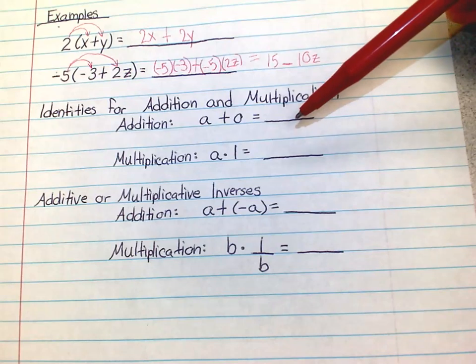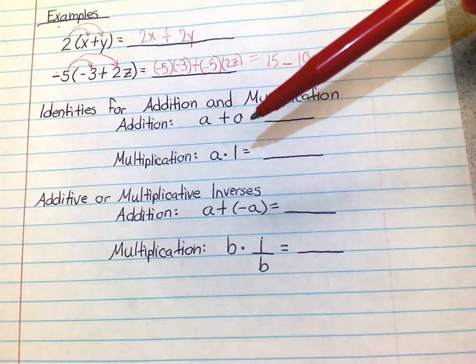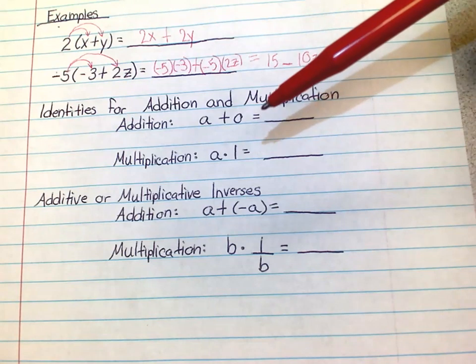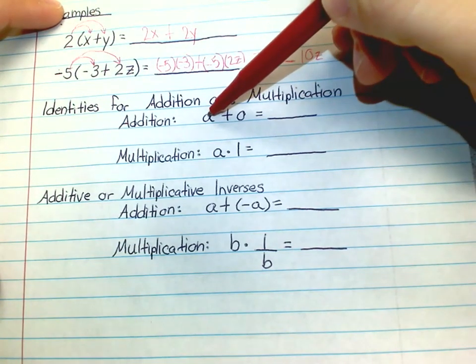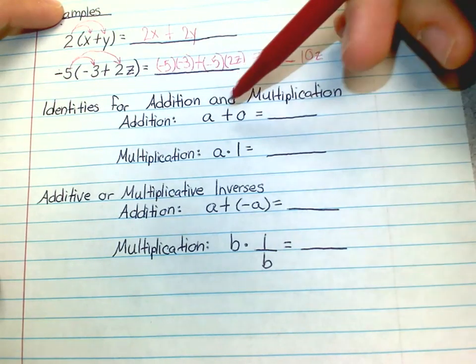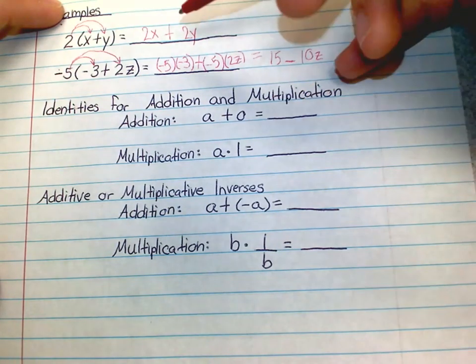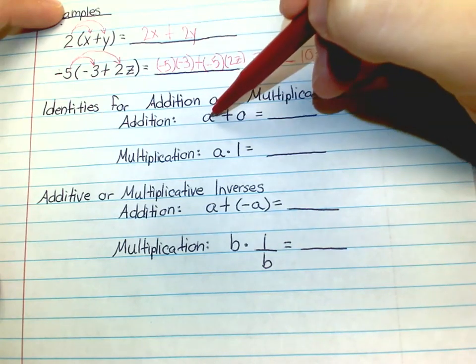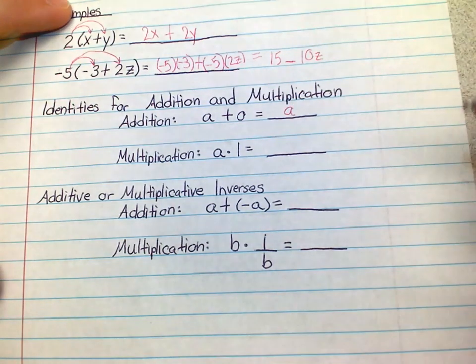So for addition, we're just going to add 0, because if you add 0 to anything, you still get what you started with. So it's kind of like looking in a mirror. You're going to look for your identity, and you want to get the other side of the equal sign. Say this is your mirror. So adding 0, A plus 0, you get A.